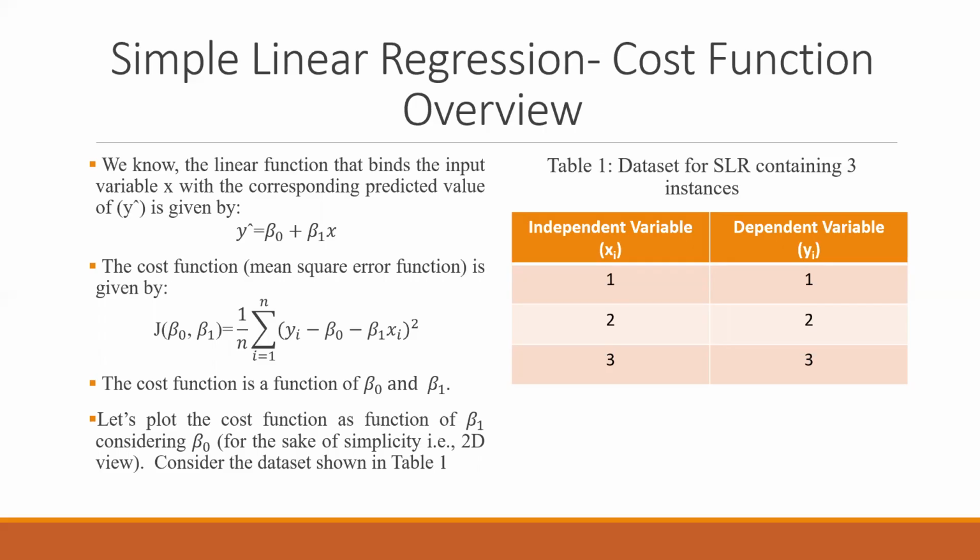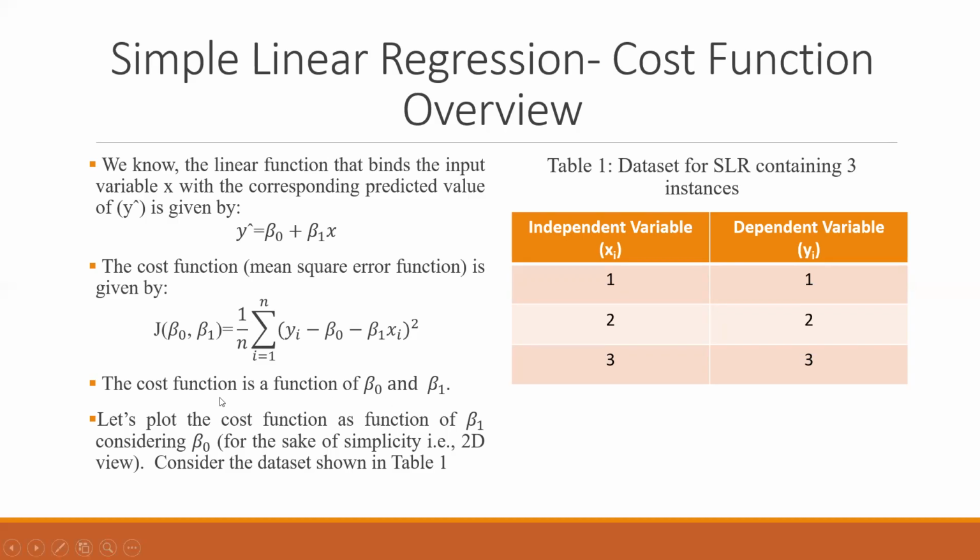We saw that this was the mean square error function, mean because we are doing 1 by n. The error is y i minus y hat. That has been expanded, and the square was done because we wanted to make all the errors positive, because error might be negative also. So this was the reason we did the squaring.